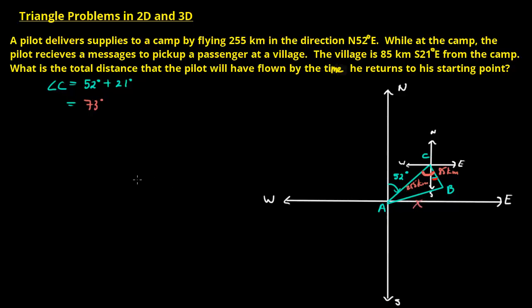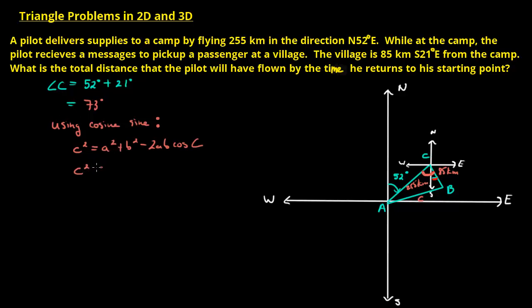Let's call that side C. So using the cosine law, we know that C squared is equal to A squared plus B squared minus 2AB times the cosine of angle C.